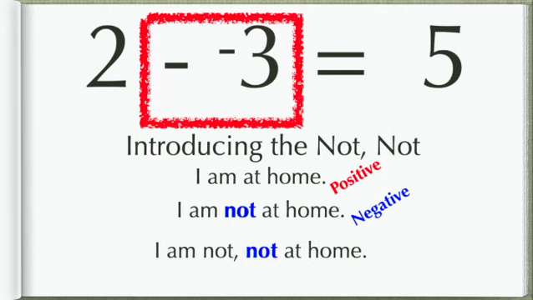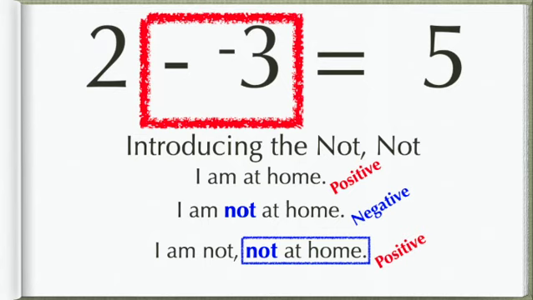What if we put two nots in there? I am not not at home. We already discussed that not at home is a negative statement, but that not that's in front of that box negates what's in the box. So it cancels it out. If I'm not not at home, then I am at home. It is a positive statement because I'm not not at home.